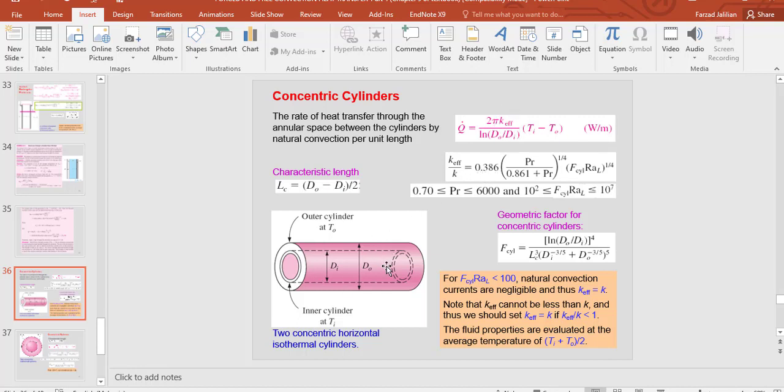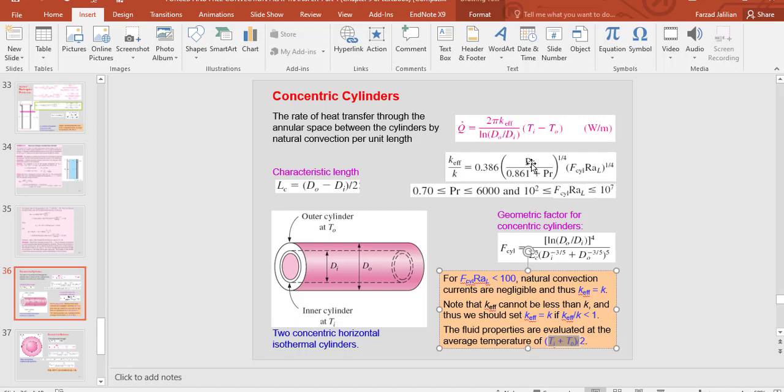effective for this object can be defined by this equation. K effective divided by K, which is thermal conductivity of the fluid, and Prandtl number you should find from the table for the average temperature actually.